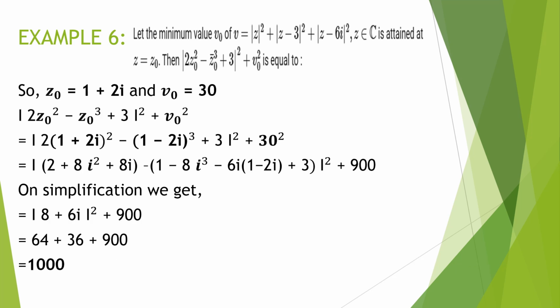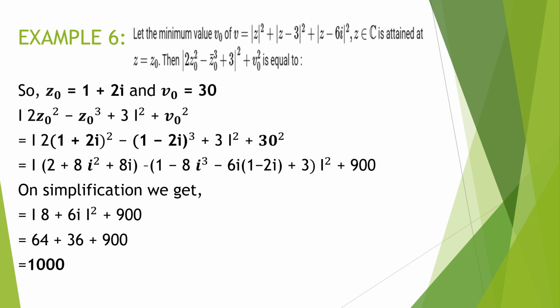Now continuing with the example, what we have obtained, Z0 is the point 1 plus 2i and V0, the minimum value, is 30. So we try to simplify the left hand side. Mod of 2 into Z0 square minus Z0 bar cube plus 3 whole square plus V0 square. Use the formula for a minus b whole cube.